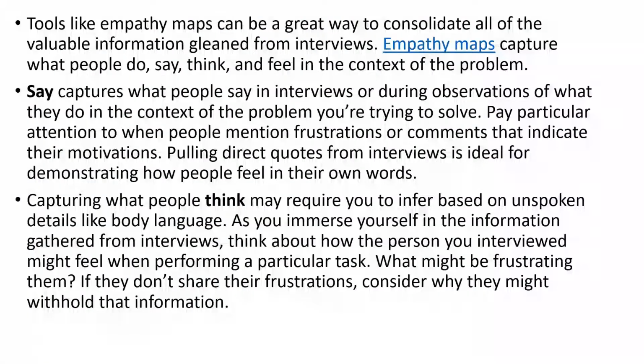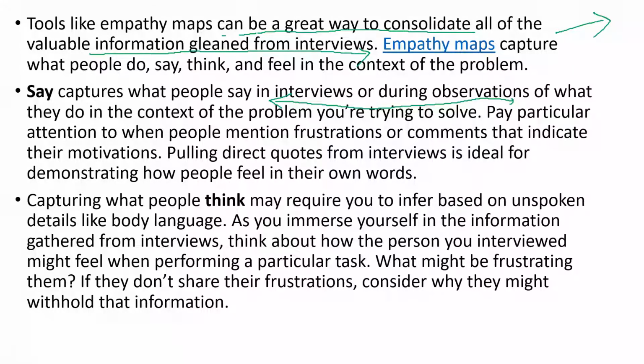Because the empathy map can give you a very clear picture, as this particular sentence tells. Empathy maps can be a great way to consolidate all the valuable information out of the interview which you are conducting, right? Also, it captures what people say in the interviews during observations.